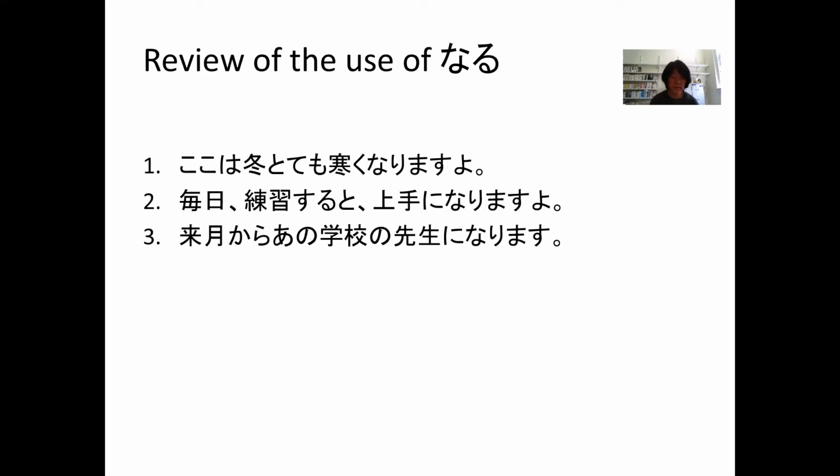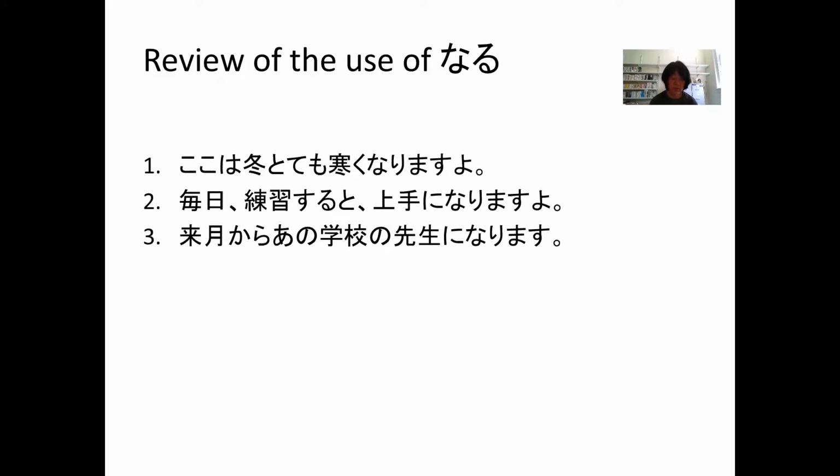In the elementary Japanese class, we learned that the verb naru expresses a change of state or situation. Sentence 1 expresses the change of weather, and it means it gets very cold here in winter. Sentence 2 is a suggestion given to a certain person by saying that everyday practice will make it possible for the addressee to improve in some skill.